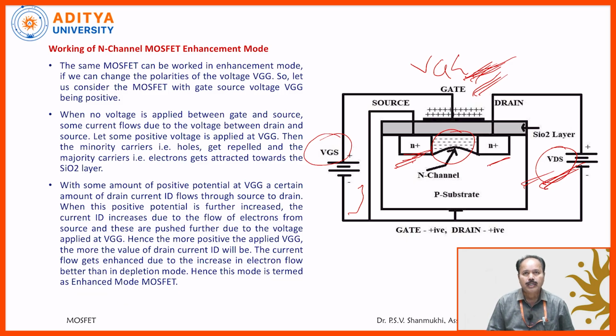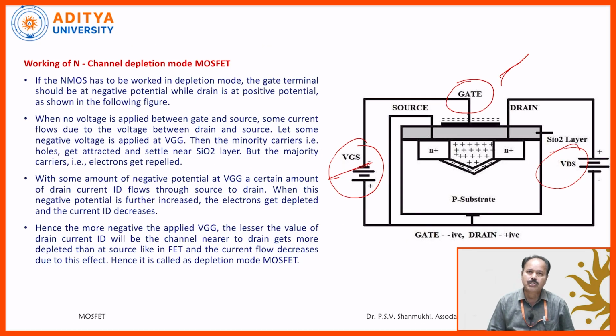And coming to depletion mode, again the gate is held at a negative voltage, and because of the negative voltage the holes are attracted towards that one, and electrons are repelled. So this is acting like the depleted case.